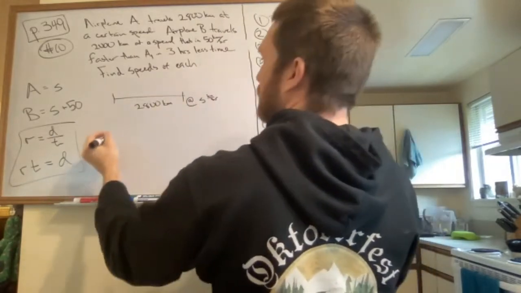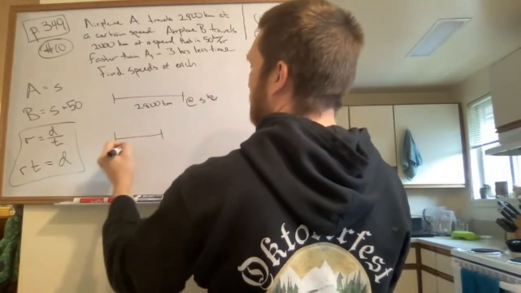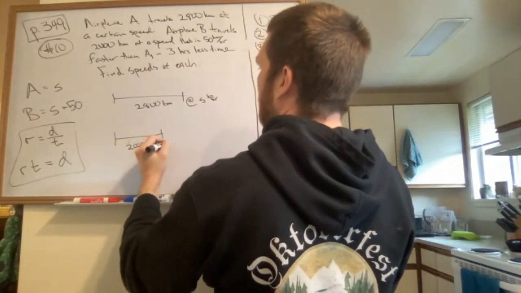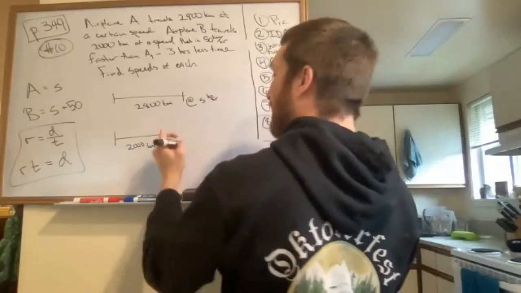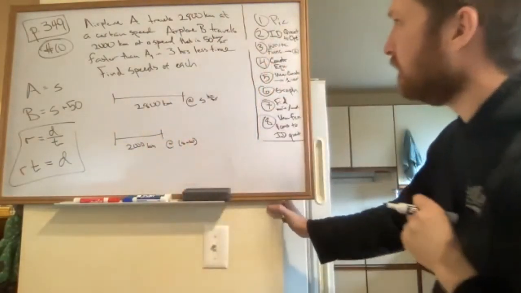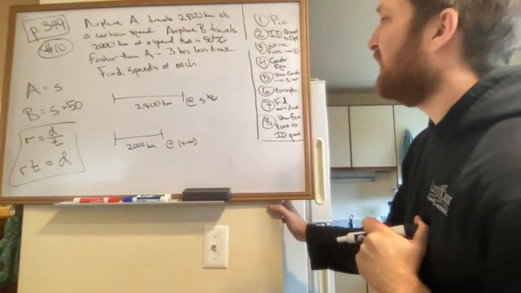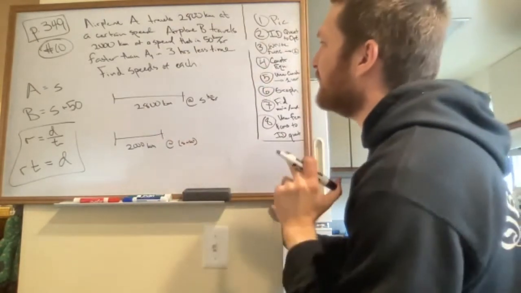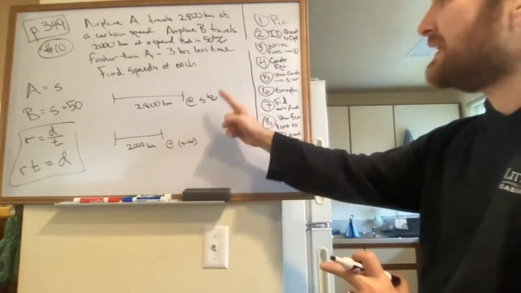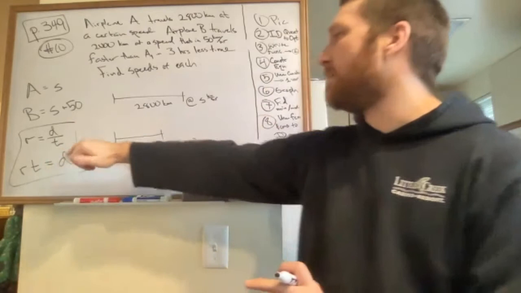The other one travels 2,000 kilometers at a speed of S plus 50, in 3 hours less time. And so I'm thinking we could relate these things via time, probably.